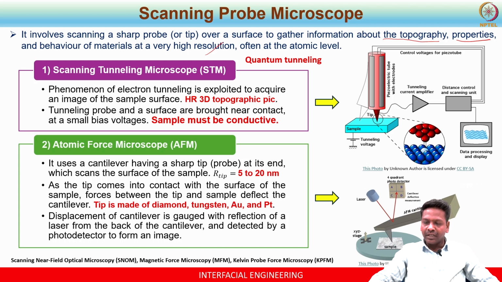Apart from that, the atomic force microscope can also be used to collect surface topography and surface morphology, right? It works in three different modes: contact mode, non-contact mode, and tapping mode. How does it work in contact mode?